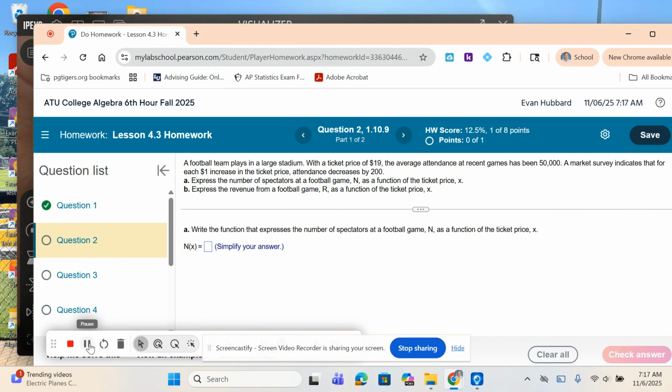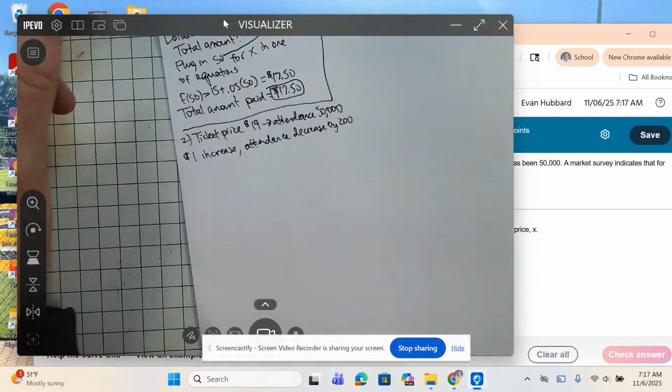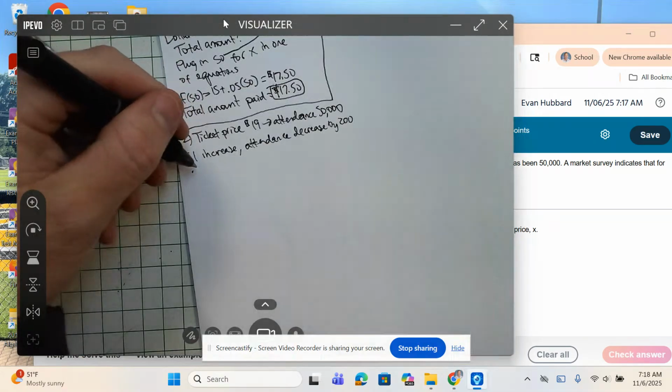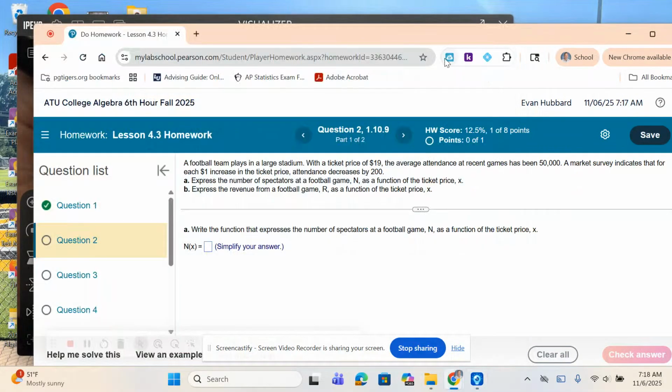So what's happening here is that you've got to make equations for this scenario. The number of spectators is going to be 50,000. Let's define X. X is the ticket price.